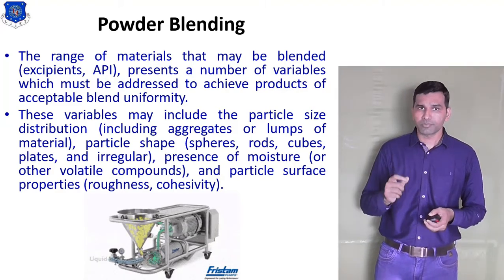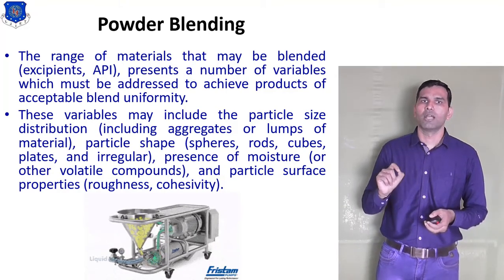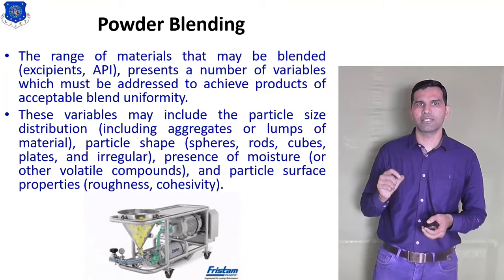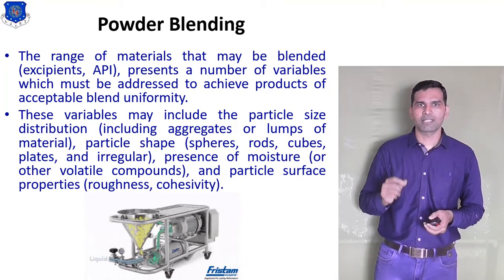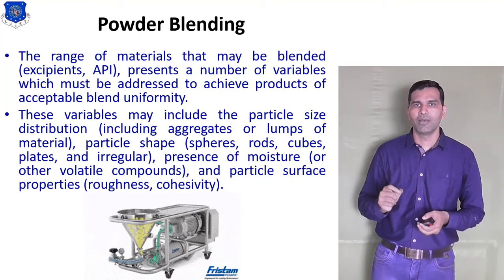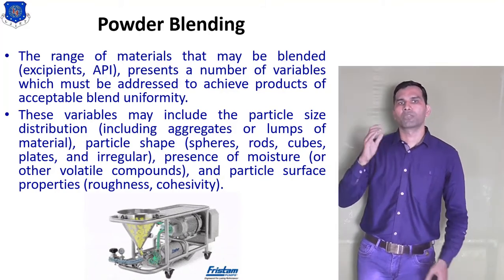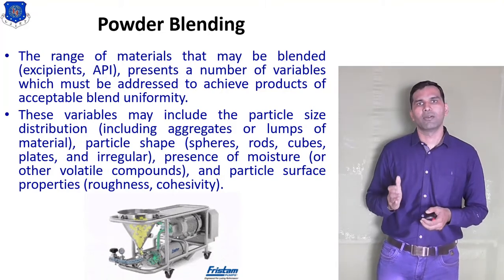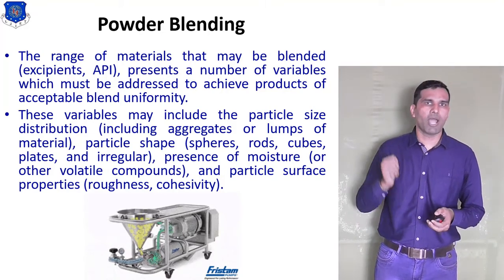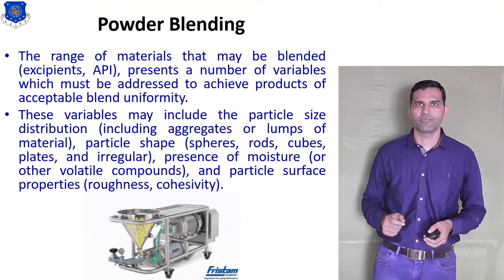So in this procedure the variables include size distribution, particle shape, presence of moisture and particle surface. These are the variables that we have to keep in mind when we do the powder blending process.